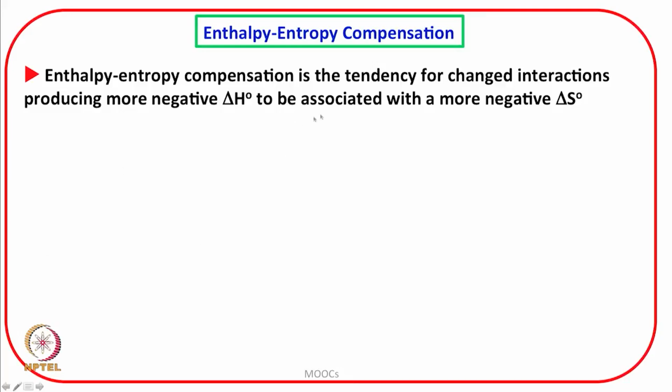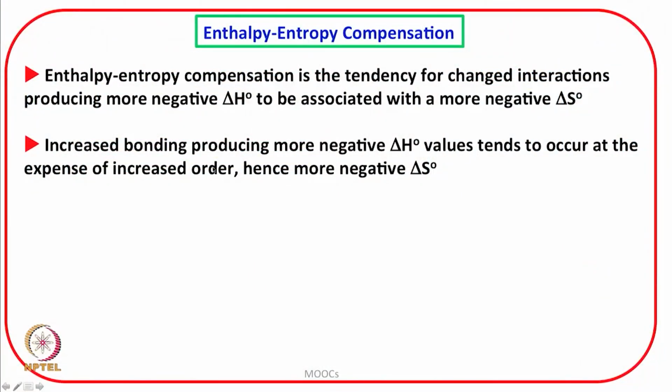Enthalpy-entropy compensation is the tendency for changed interaction to produce more negative delta H naught, which can be associated with more negative delta S naught. Usually it is observed that you gain in enthalpy, but you lose in entropy. Let us take a look at the next comment.